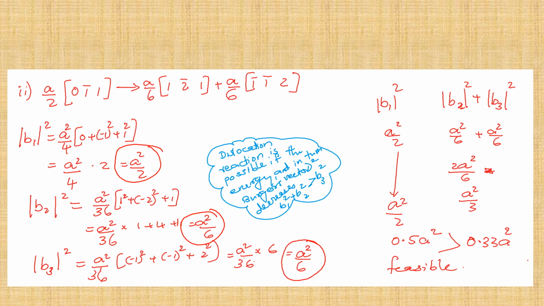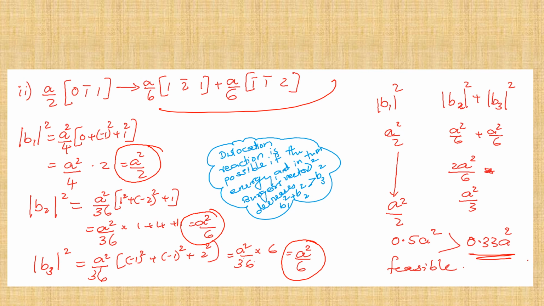Now you have to check the condition. What is b1 square? That is a square by 2. Because the product side has two parts, b2 square plus b3 square is a square by 6 plus a square by 6, that is 2a square by 6, equal to a square by 3. So one side is 0.5 a square and the other side is 0.33 a square. So due to the dislocation reaction, the Burgers vector square decreased.